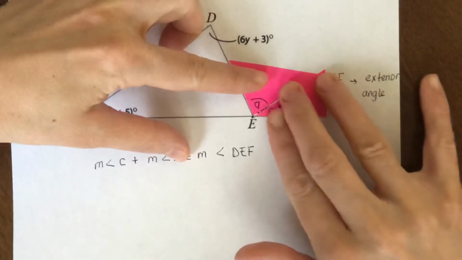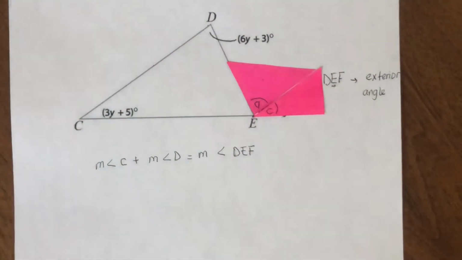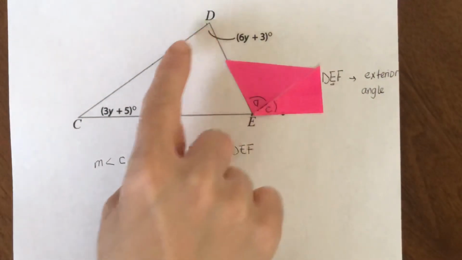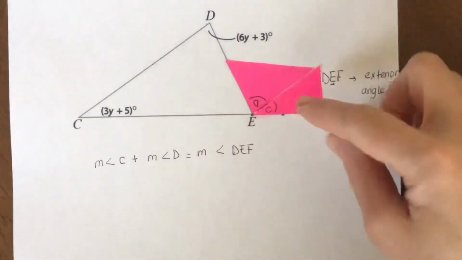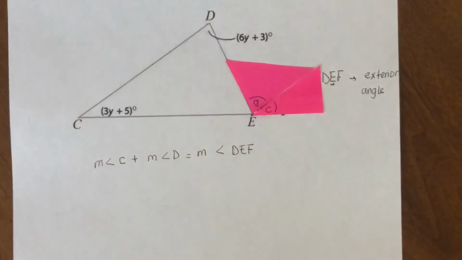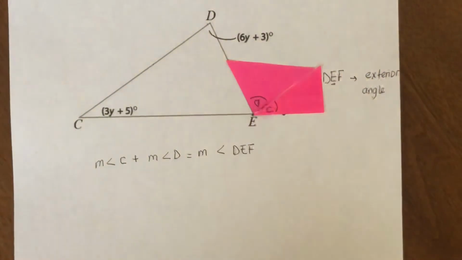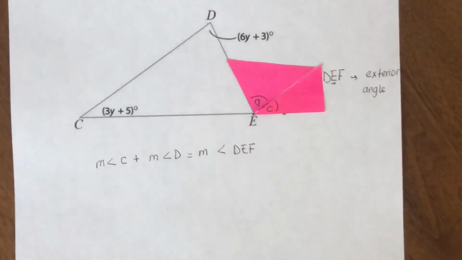So let's check if it fills this angle. Yes. So we can say these two remote interior angles add up to their exterior angle, right? Angle C plus angle D equals angle DEF, which is their exterior angle.